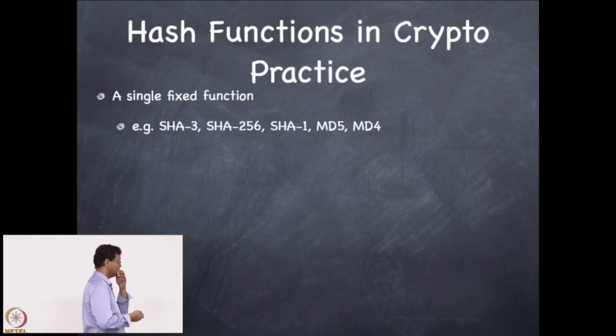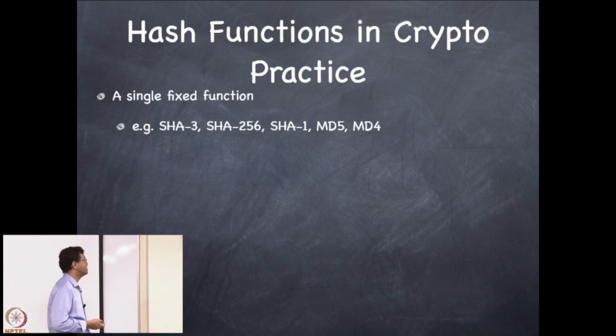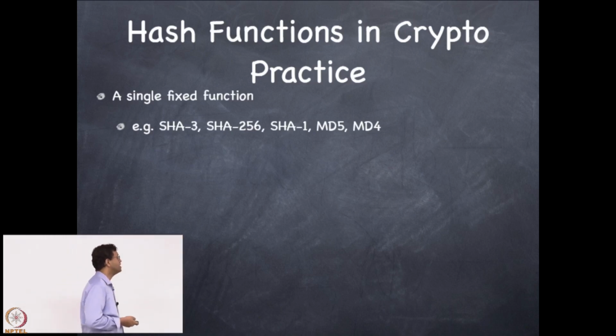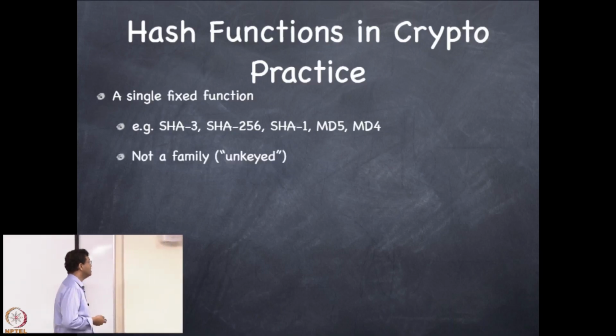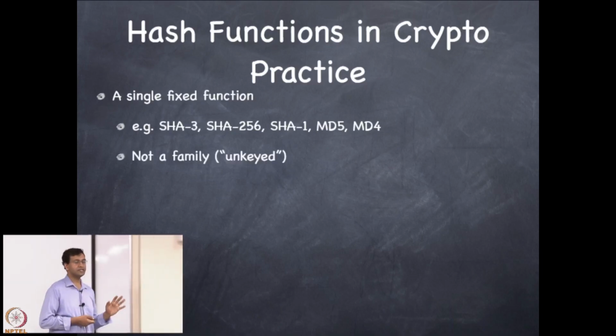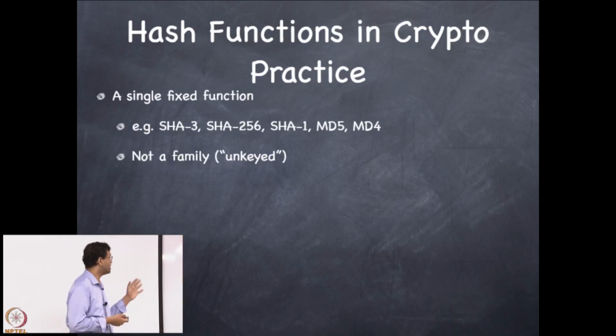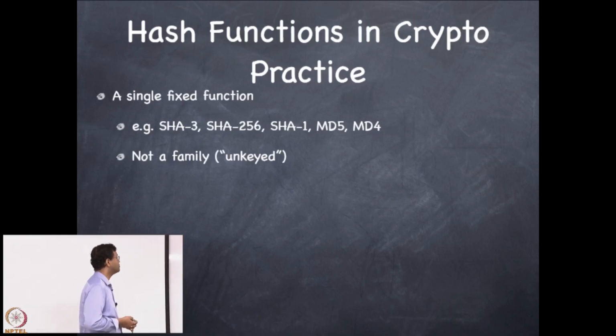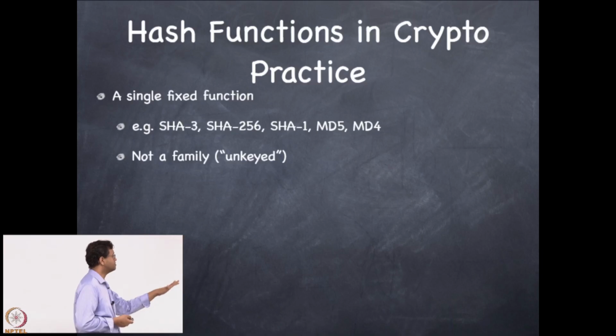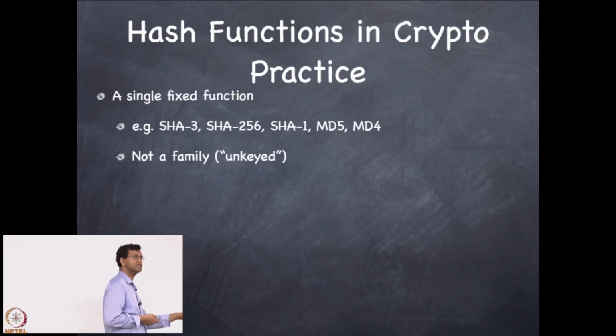SHA-1, MD5, MD4 are all old standards that are not to be used in many contexts. These are unkeyed. With SHA-3 there is a notion of having a key if you want, but in general, they are just a single fixed deterministic function.